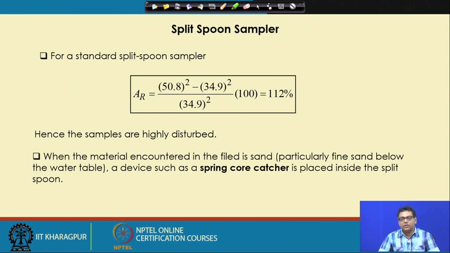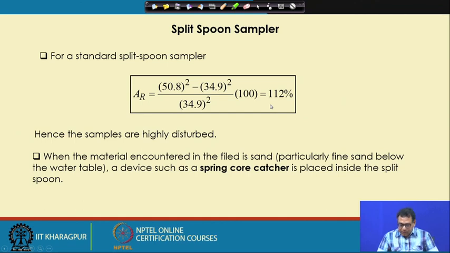So, if I use the split spoon sampler, the soil sample collected is a disturbed soil sample. The area ratio for a good undisturbed sample is around 10%, whereas here it is 112%.